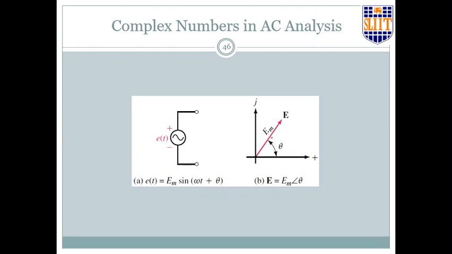The reason polar coordinates are preferred for voltage sources, as well as current sources, is that for both sources we know the magnitude or amplitude of the source and the phase angle. So these are the first hand information for a source. But for an impedance, for a load, the first hand information may be the resistance value and the reactance value.